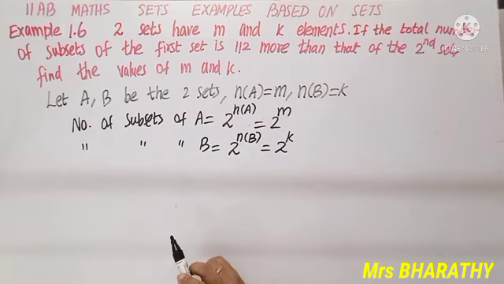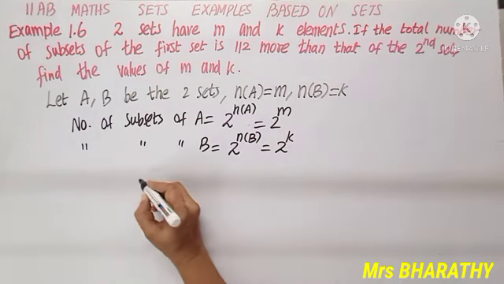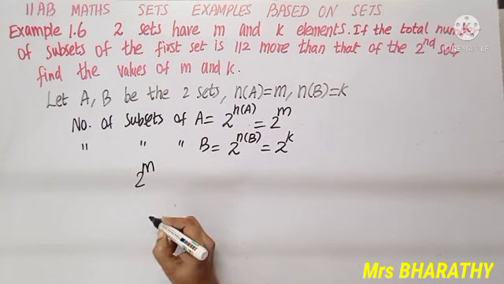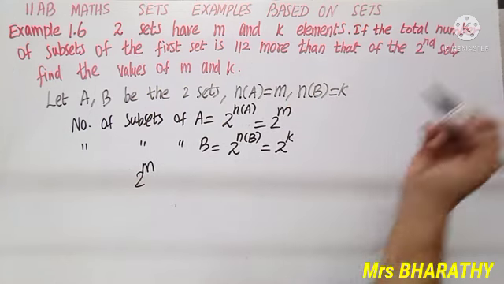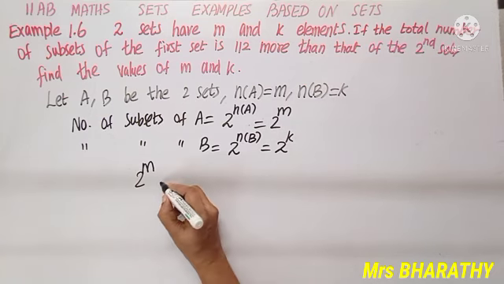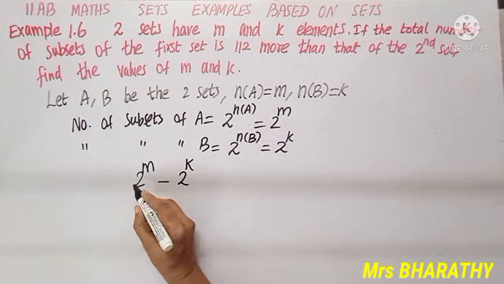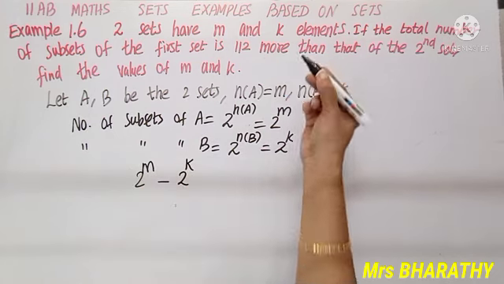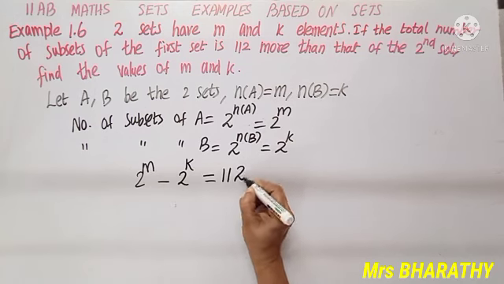They have given the total number of subsets of the first set, that is 2 power m, is 112 more than that of the second set. So the first set is 2 power m and the second set is 2 power k. The first set is 112 more. That is, if I subtract, I will get 112.